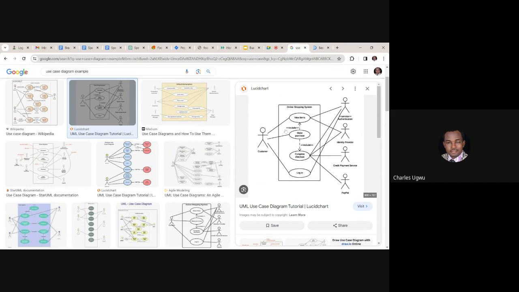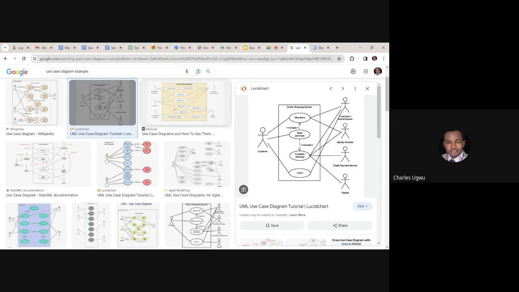You need to create a use case diagram like this to show how the customer will interact with the system, how the admin will interact, how the identity provider will interact, how the credit payment and payment gateways like PayPal will interact with this system, and what role they play.